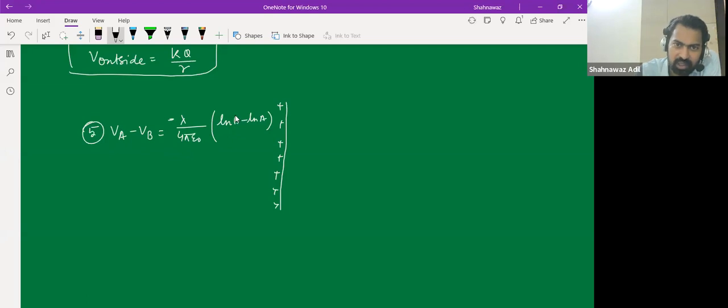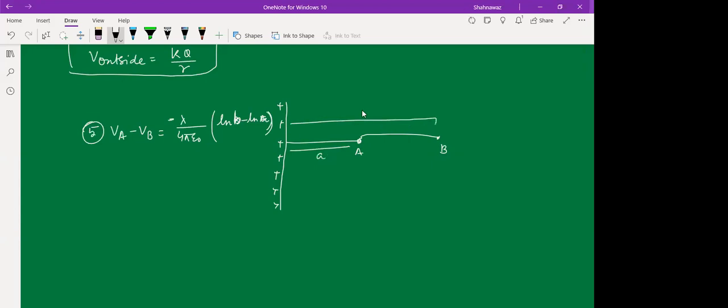If I remember it correctly. We are bringing a charge from B to point A, right? This was point B, and this is point A. So we are bringing the charge from here to here, and this was ln B minus ln A, right?